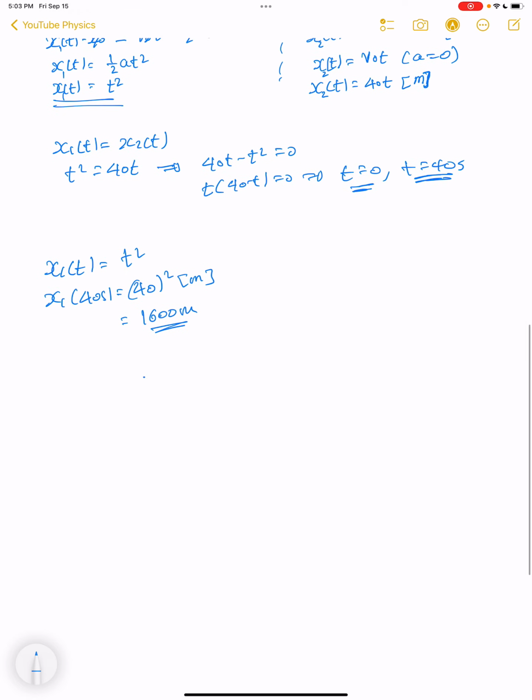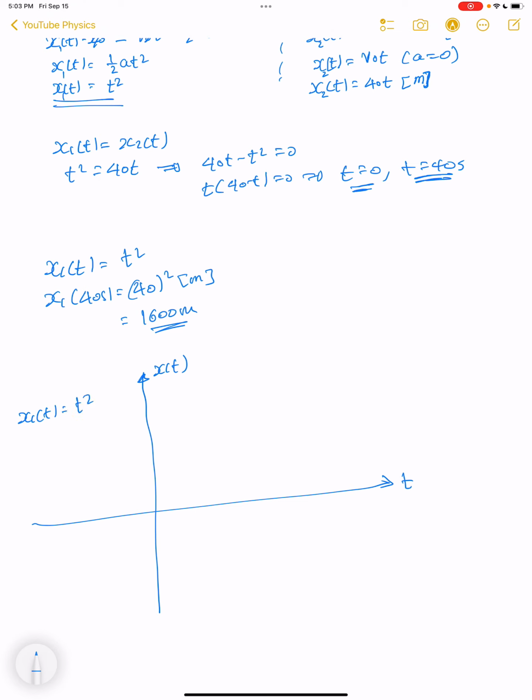This could also be expressed graphically. If you assume your x-axis is time and your y-axis is position, then x1 of t equals t squared, which is a quadratic equation, so it will be a curve something like this.